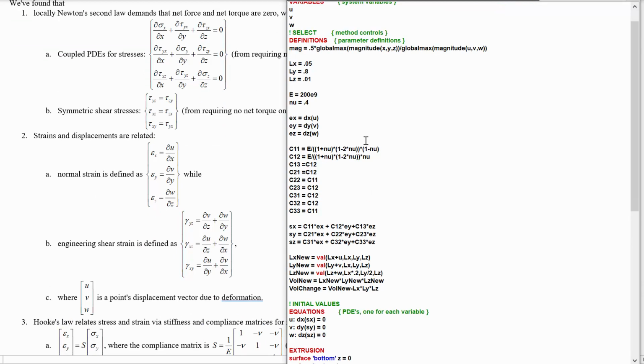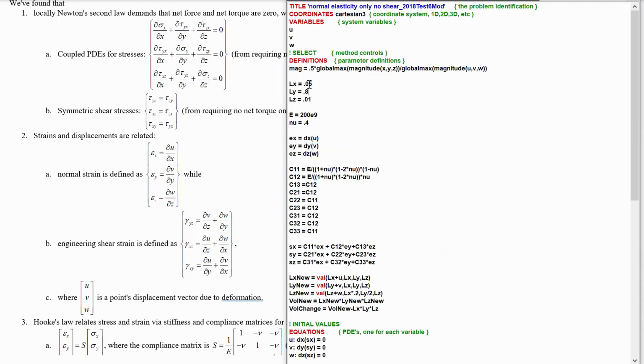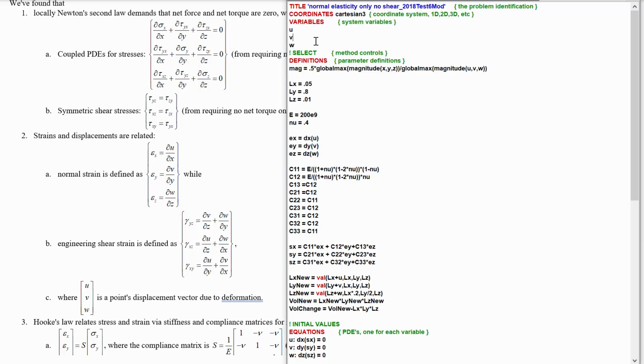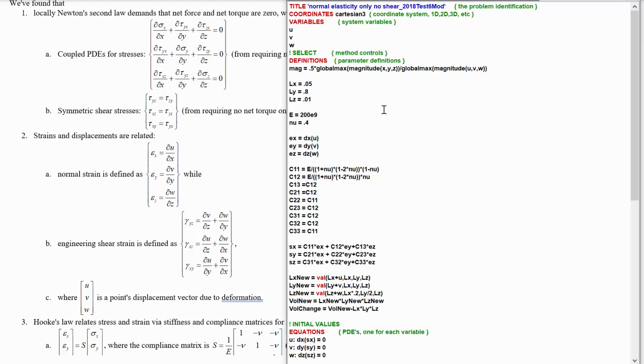I'm going to start with the code that I used in the FlexPDE tricks video. This is a normal elasticity set of code. So we've got our displacement variables put in there already, and we've got this little trick to make the deformation always show up quite prominently for whatever it is that we're looking at.